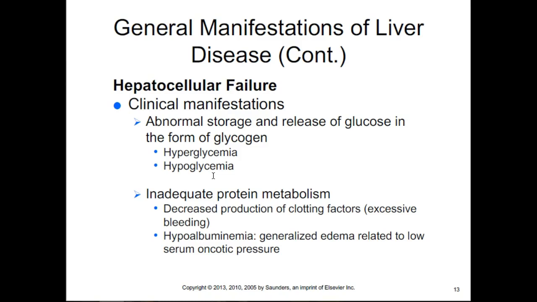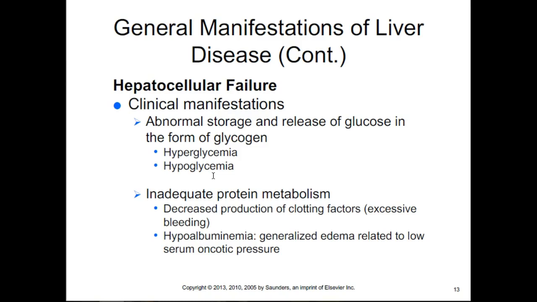And then obviously inadequate protein metabolism. So you're going to see decreased production of clotting factors. So you can have excessive bleeding and hypoalbuminemia, which is going to lead to generalized edema related to low serum oncotic pressure. So I kind of covered that over in one of our previous chapters, but remember that you have this thing called colloid osmotic or oncotic pressure. It's the same thing.